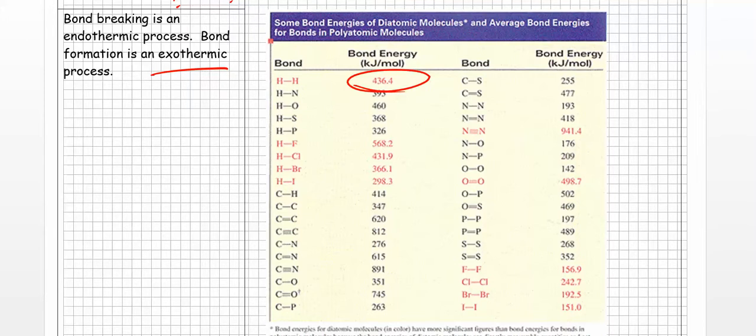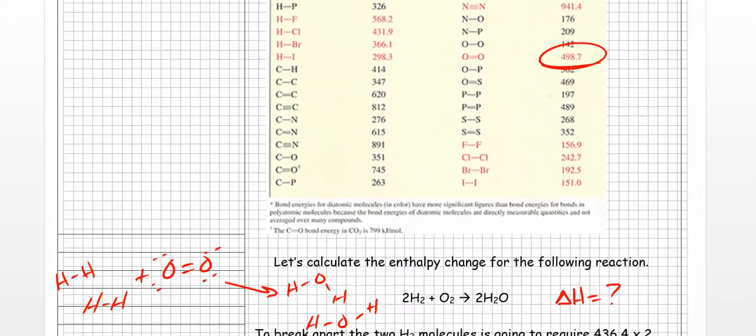But double bonds always require more energy than single bonds, for reasons we'll talk about later. And by the way, triple bonds are even more. The point is that to break apart an oxygen-oxygen double bond is going to require 498.7 kilojoules of heat. We got that from the table, right?